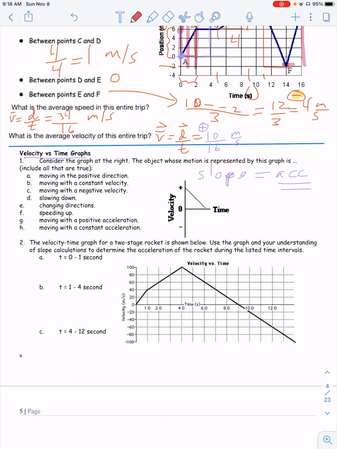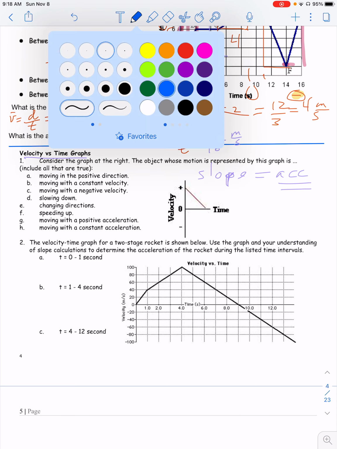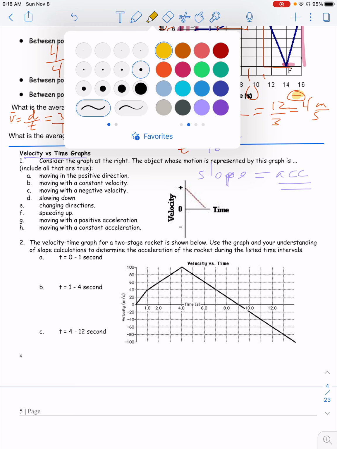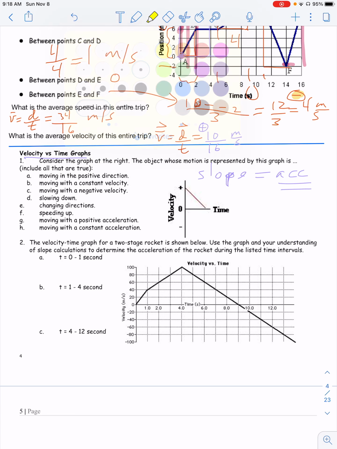Okay, so object motion is what? Is it moving in the positive direction? On a v versus t graph, if you're in the region above the 0, you have positive velocity.